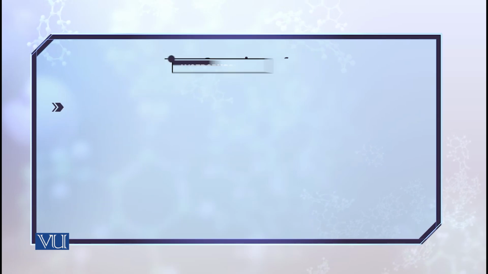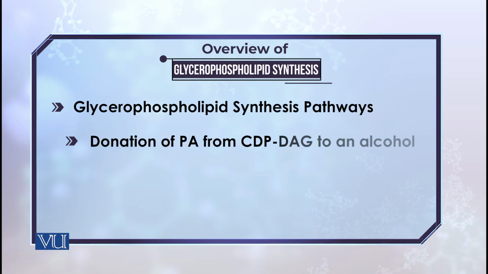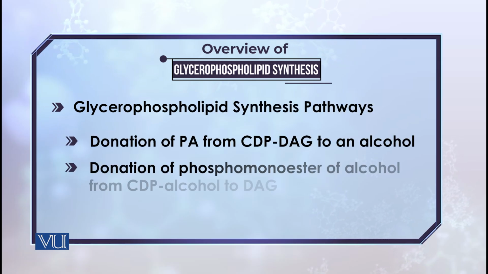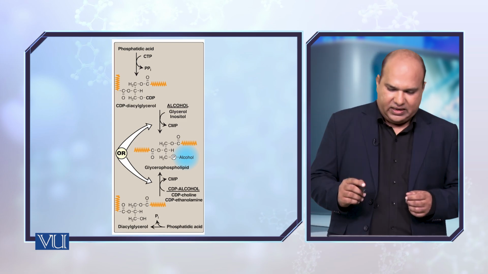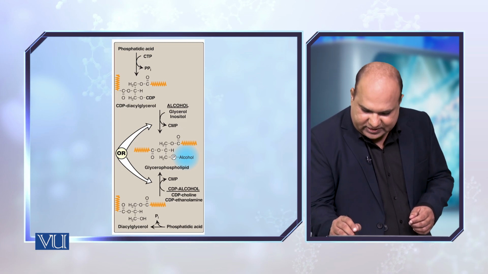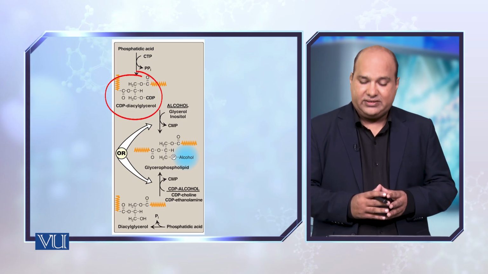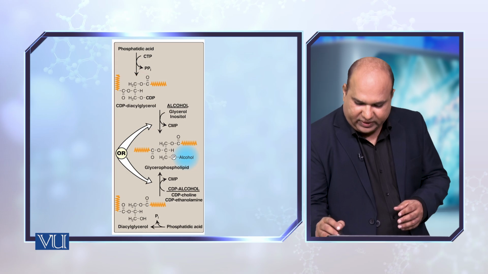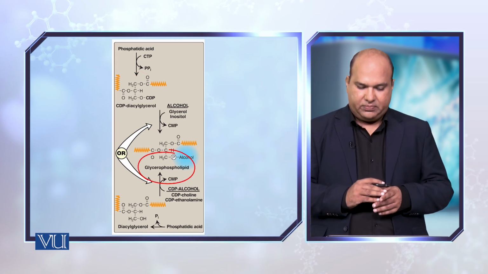Phospholipid synthesis, specifically glycerophospholipid synthesis, is a very interesting topic. First of all, there are two ways through which the glycerophospholipids can be formed. One is the donation of a phosphatidic acid from CDP-containing diacylglycerol to an alcohol, which gives rise to the formation of glycerophospholipid.